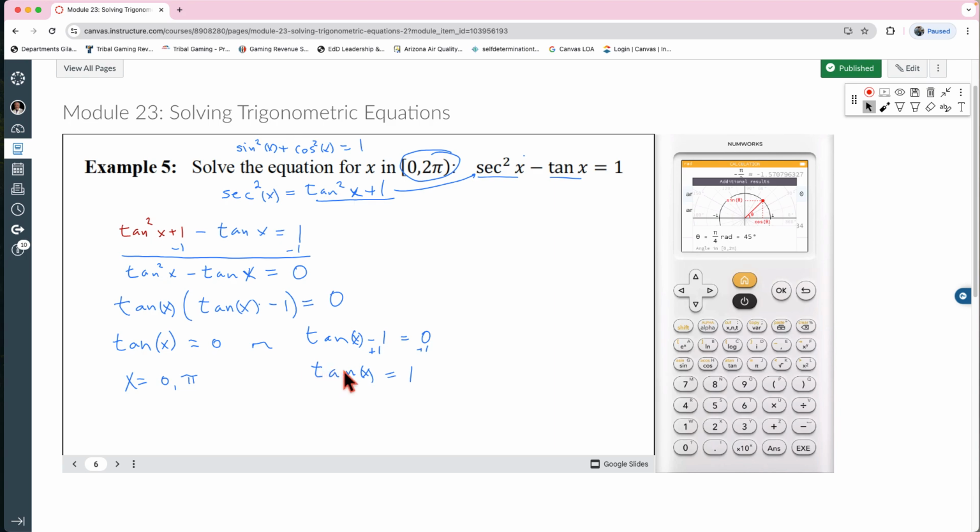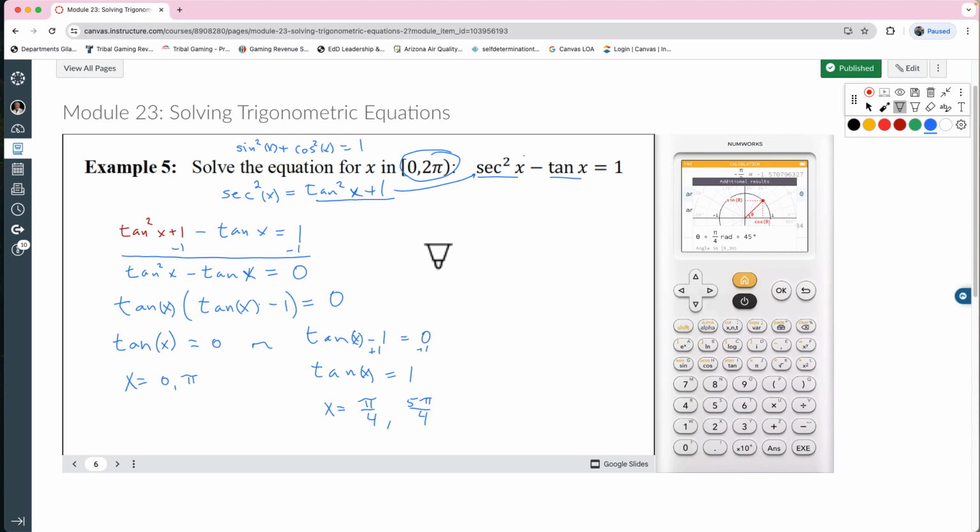Tangent will be positive in the third quadrant. So this one gives us certainly what we see there, x equals pi over 4, but the other one is going to be in the third quadrant. So this is pi over 4, 3 pi over 4, 4 pi over 4, 5 pi over 4, on our unit circle.